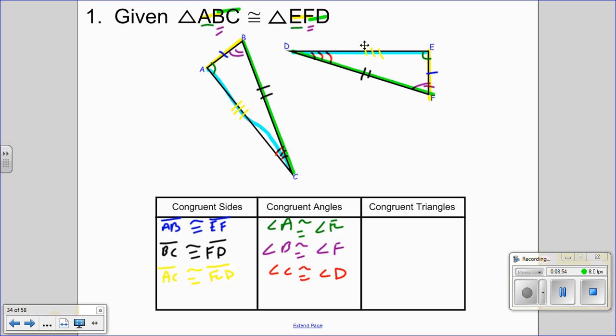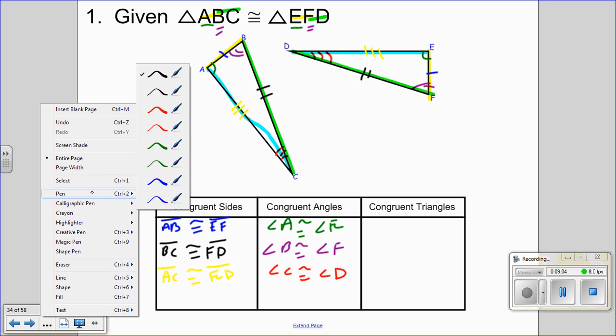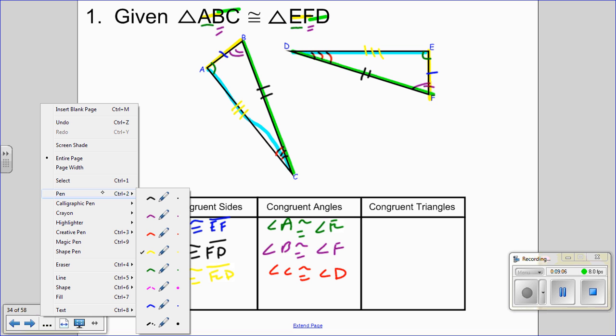All right. Though the original name of these triangles were ABC and EFD, you can rearrange the letters and create a new triangle. As long as you keep the corresponding letters in the same order, it is a justifiable triangle.